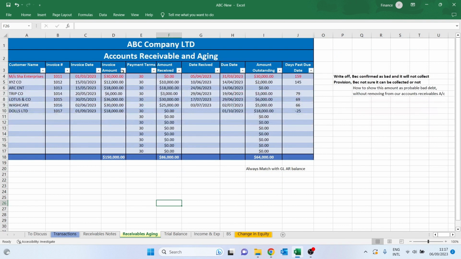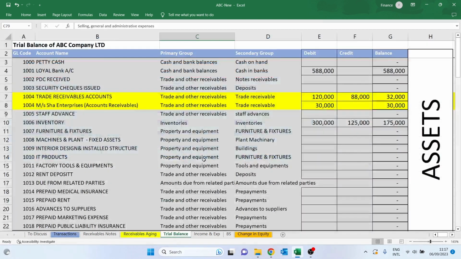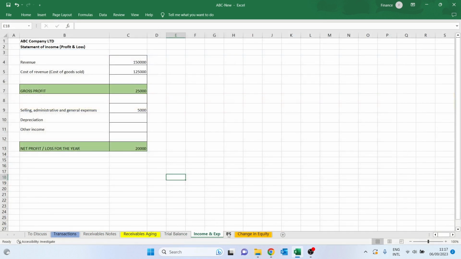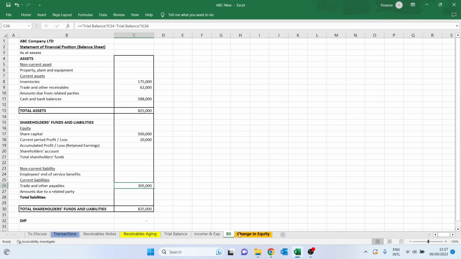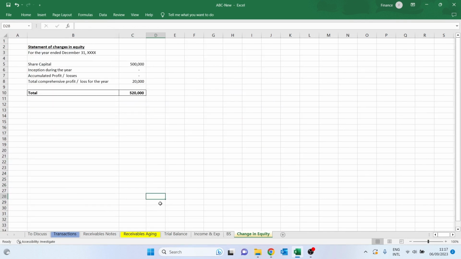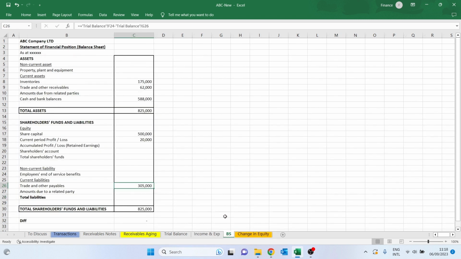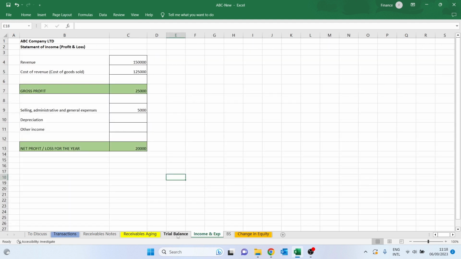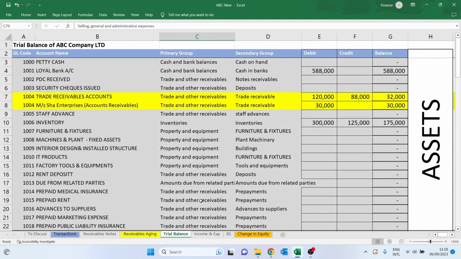And of course, I have a receivables aging report here. Before that we have the trial balance, income and expenditure, balance sheet and changes in equity. Except cash flow, we will discuss later because it requires at least two years of TBs together, so that will not be a problem.